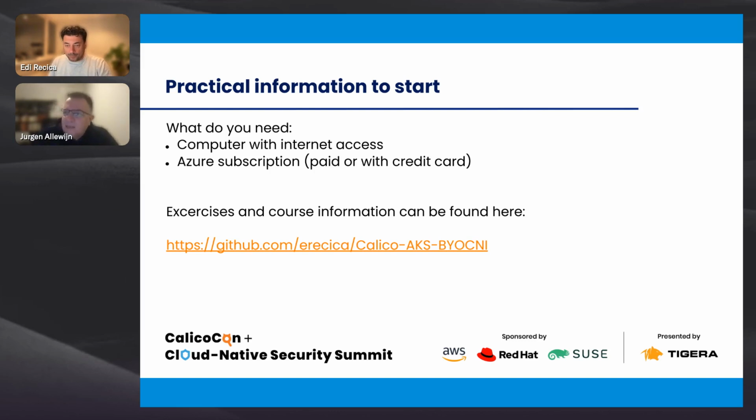What we will be doing is run the complete workshop using the Azure Cloud Shell, so that we are independent of local settings on your laptop, and that we can just focus on the workshop, because Azure takes care of everything.